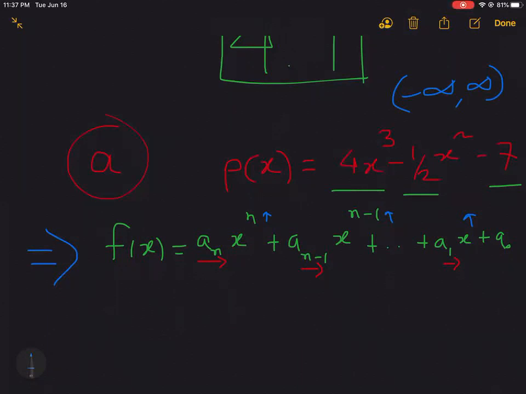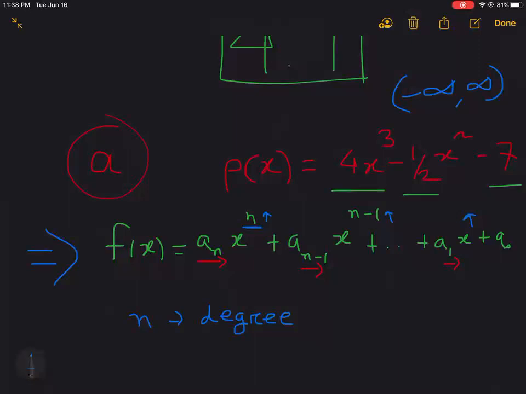If you have a polynomial of this format, you can always say that n is the degree of your polynomial. Now, what does this n signify, or where can you actually see this? As you can see, it's the highest exponent in your polynomial.